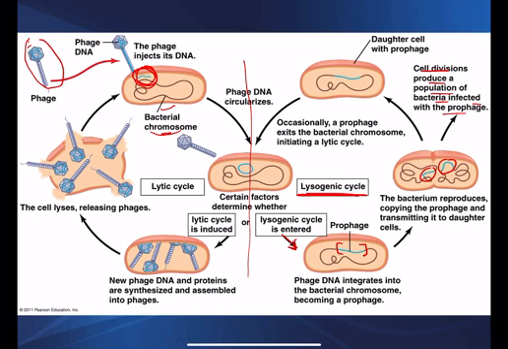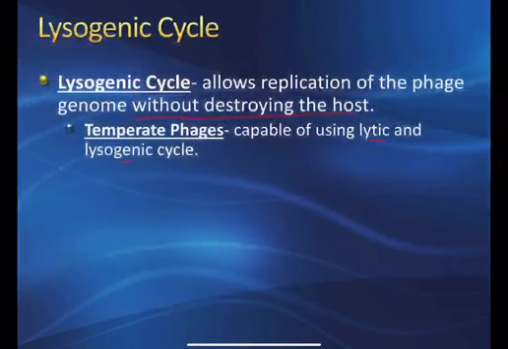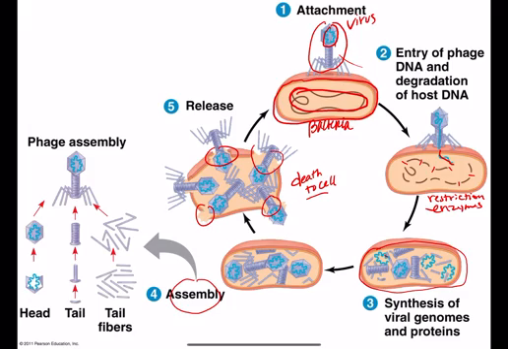Generally, the phage genes that are in there are going to prevent the coding of these other genes, and that's why you see some of the symptoms you do. Your normal genes aren't being coded for. Your cellular machinery has been taken over.